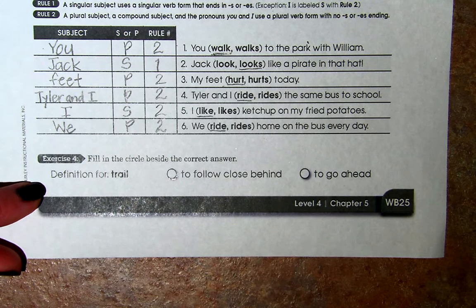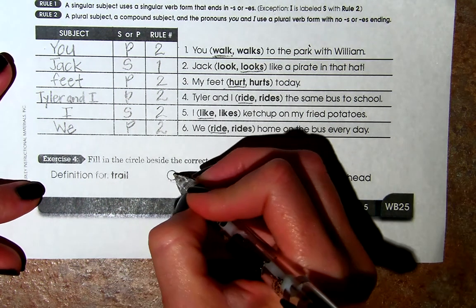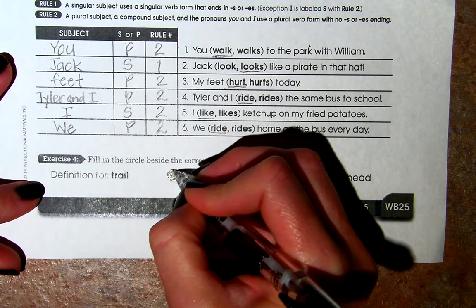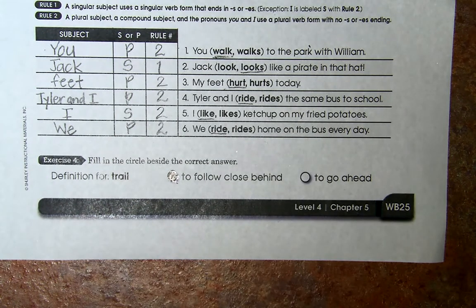And so our definitions are to follow close behind or to go ahead. And so if you trail someone, then you are not going ahead of them, you are following them close behind. So we are going to bubble in this definition right here. So that shows you that trail can be a verb or a noun.